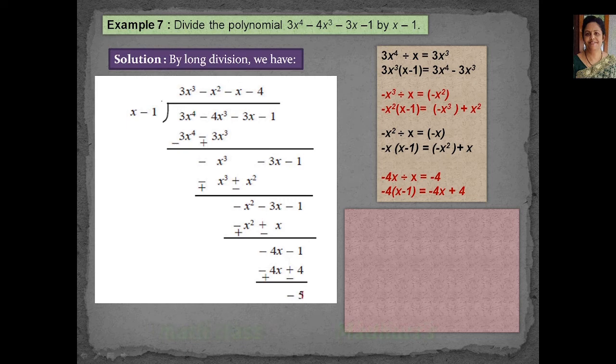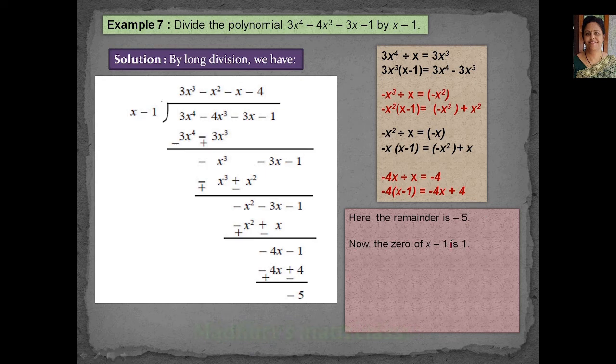Now the power of the remainder, x raised to 0, is smaller than the power of the divisor. So we will stop the process here. So the remainder is negative 5 and the quotient is 3x cube minus x squared minus x minus 4.